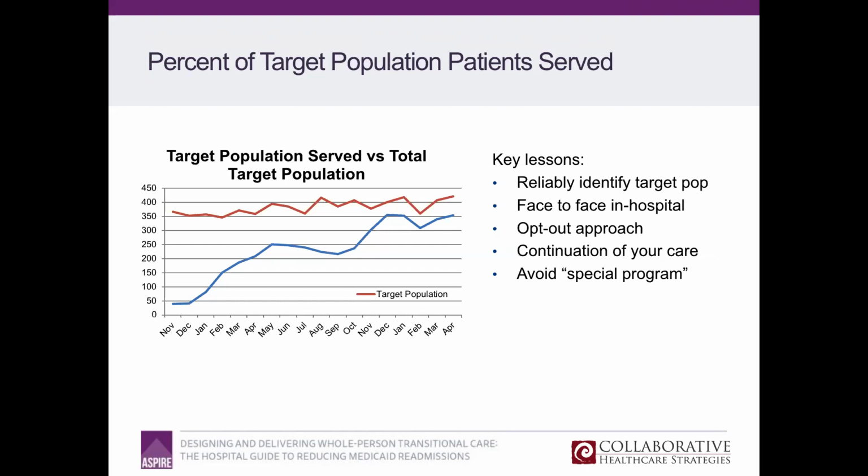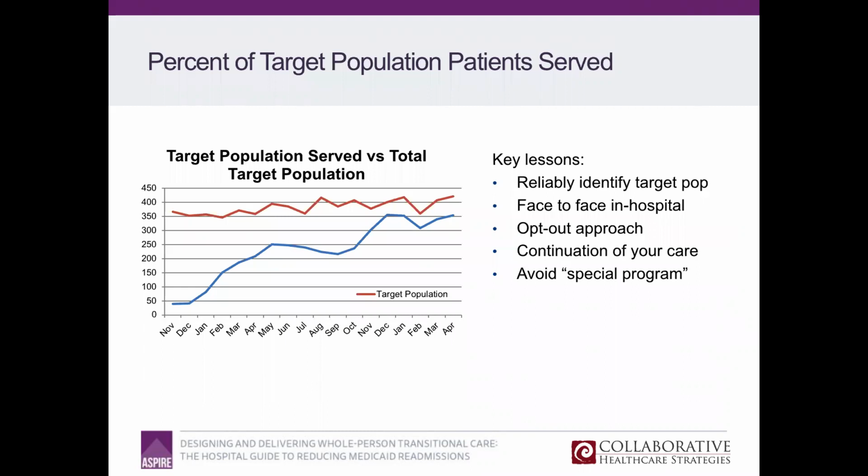And this is real data from a team I worked with, and what you can readily see is until you actively manage and work to close the gap between the people in your target population and the actual patients that you're actively serving with your interventions, it doesn't happen by itself. This was absolutely month in, month out quality improvement problem solving.